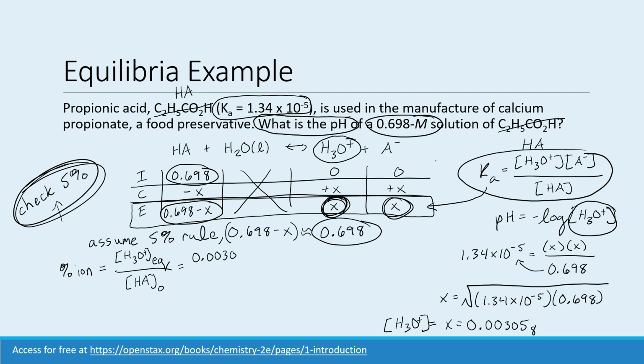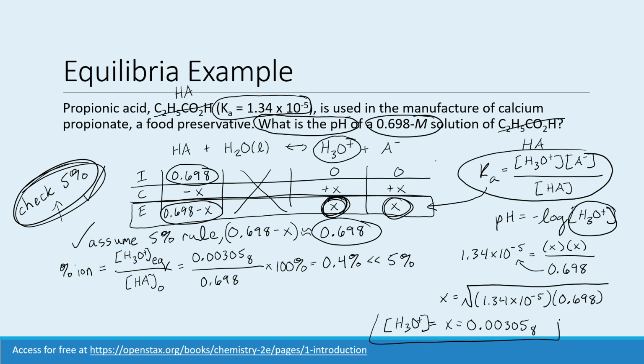So that's 0.003058 divided by the original value of 0.698, and then times 100%. We are going to find that that is 0.4% roughly. So that is significantly less than the 5% rule, and so it checks out, because it is less than 5%.